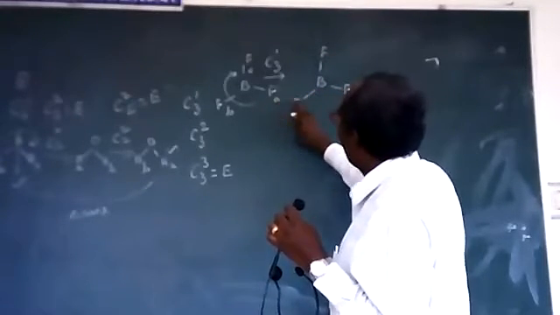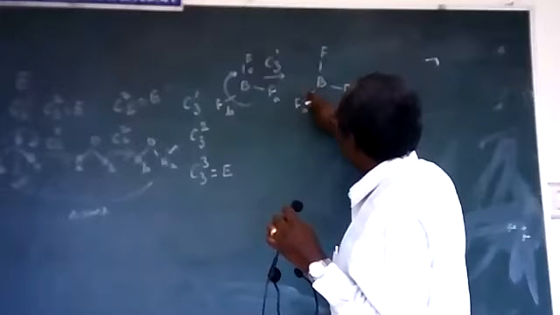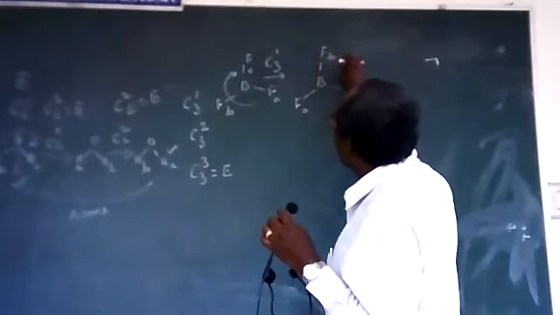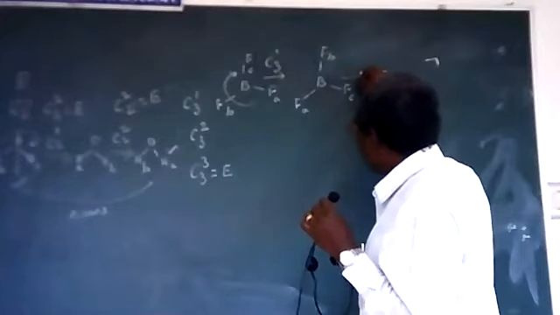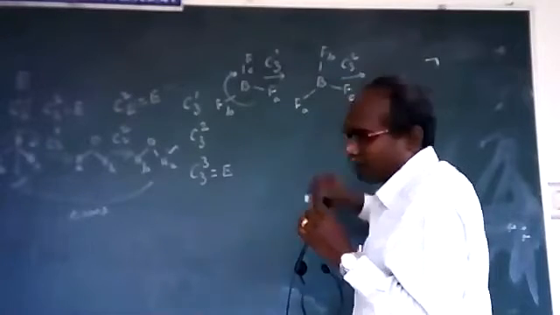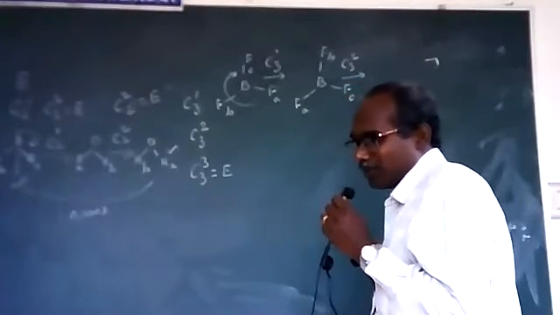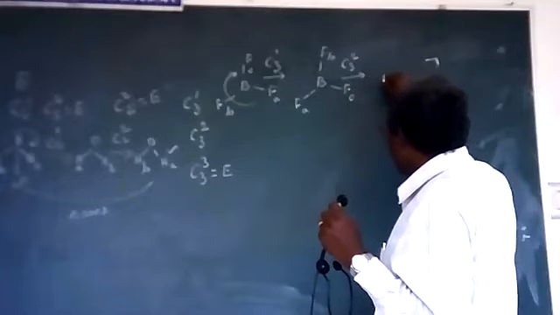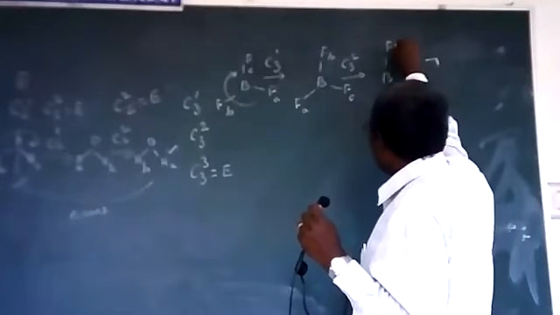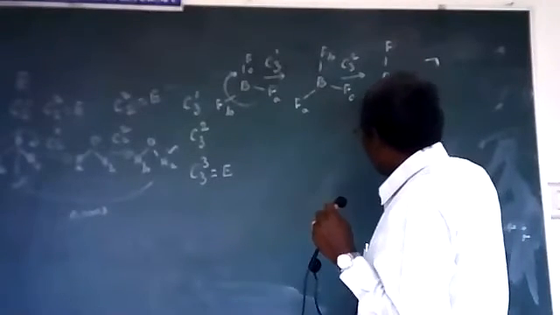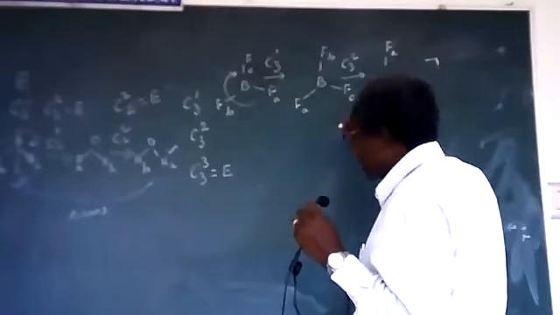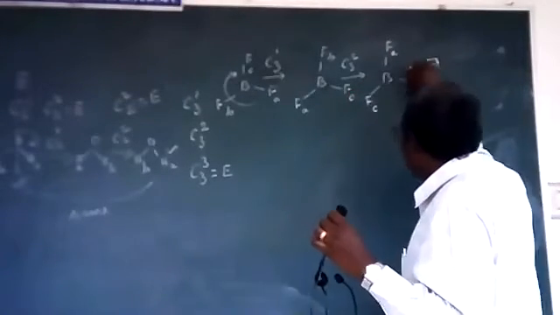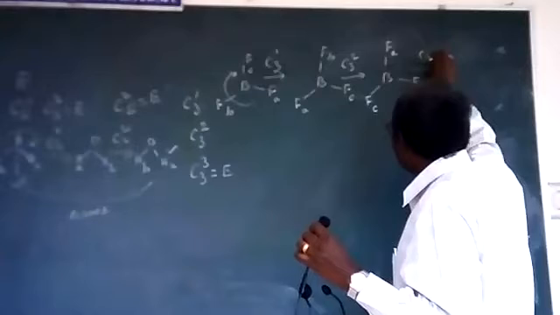But this A will come here, this B will go there, this C will come here. When the C3 operation is done for the second time, A will be here, B will be here, and C will be here.